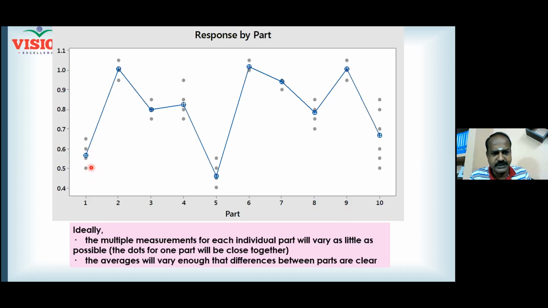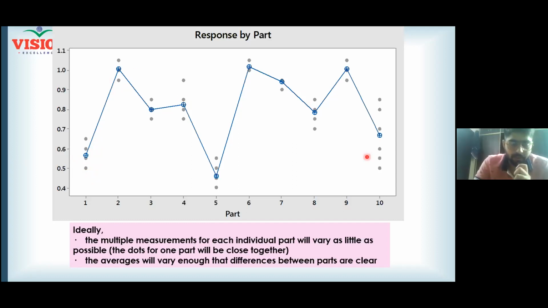But you are seeing a variation here. That is a reflection of inconsistency in measuring part number 1 by your measurement system. So this reflects the reproducibility issue with respect to part number 1. You can see the reproducibility issue with respect to parts 2, 3, 4, 5, 6, 7, 8, and 9.